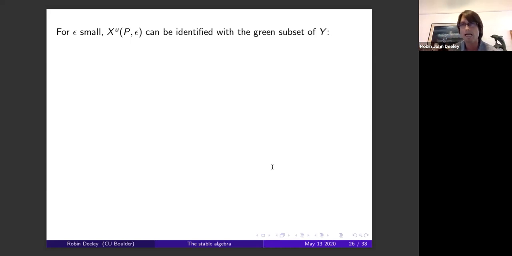We know what we should get for the 2 solenoid. We remember it was just a little interval around the point 1. And we also know that Robin has claimed that this is the real line, and he wouldn't lie to us, right? He would only tell us the truth. So just take a moment and think about what you think this green subset is going to be.